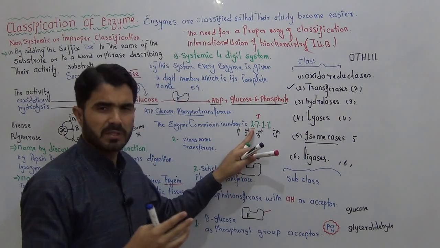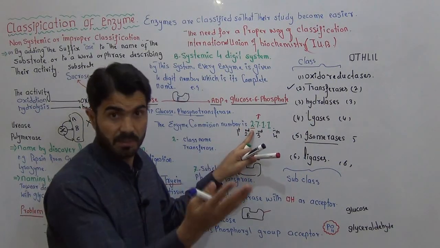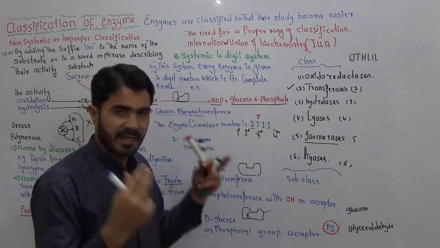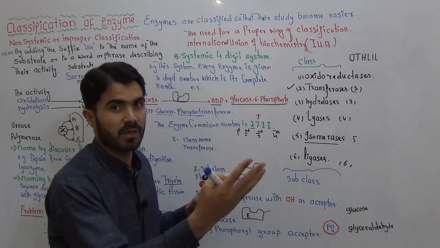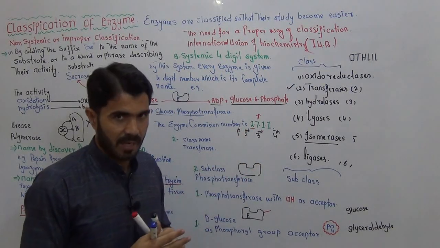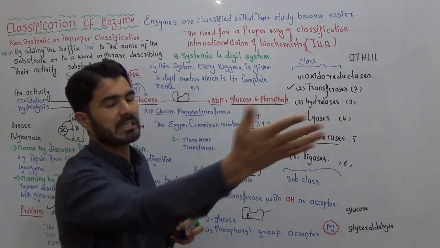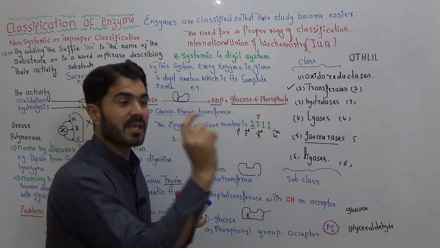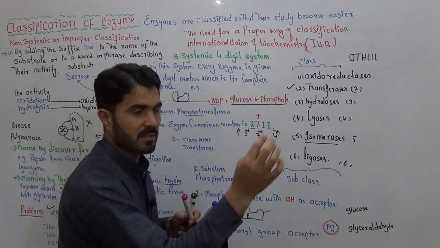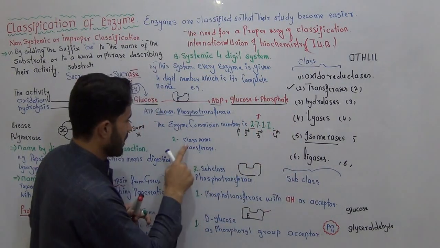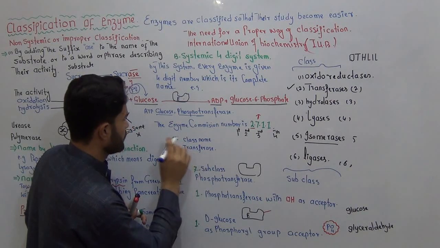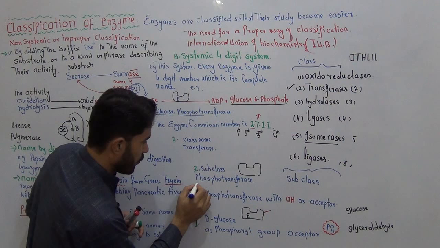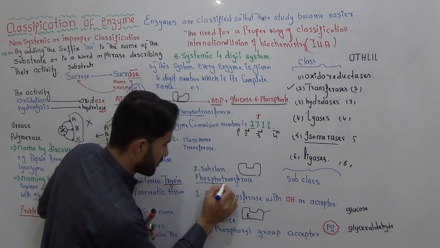From the first digit we just came to know that it is transferring something, but we don't know what group, what atom or molecule is going to be transferred. The second digit will tell us which group will be transferred. So the second digit is for the subclass. Class name: transferase. And this 7 shows what? Phosphotransferase.